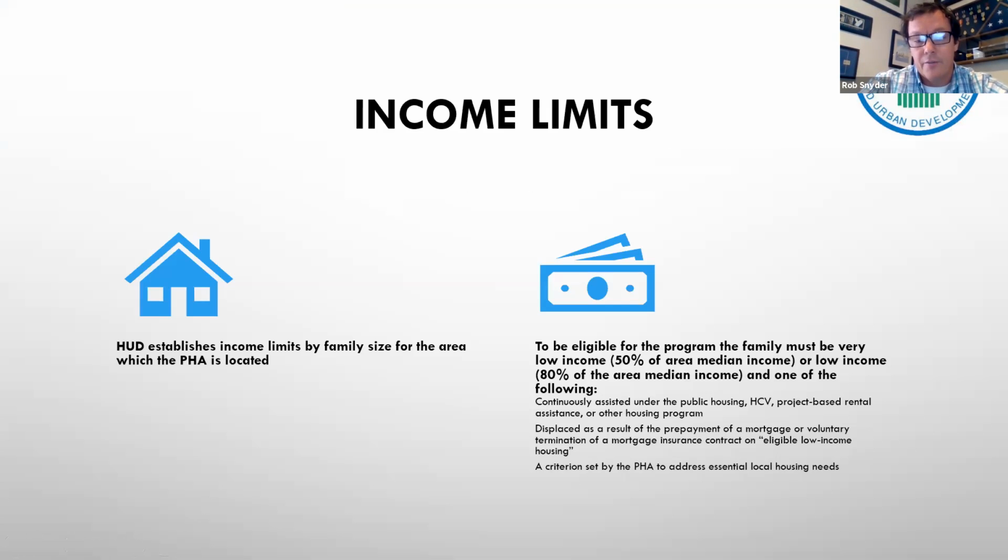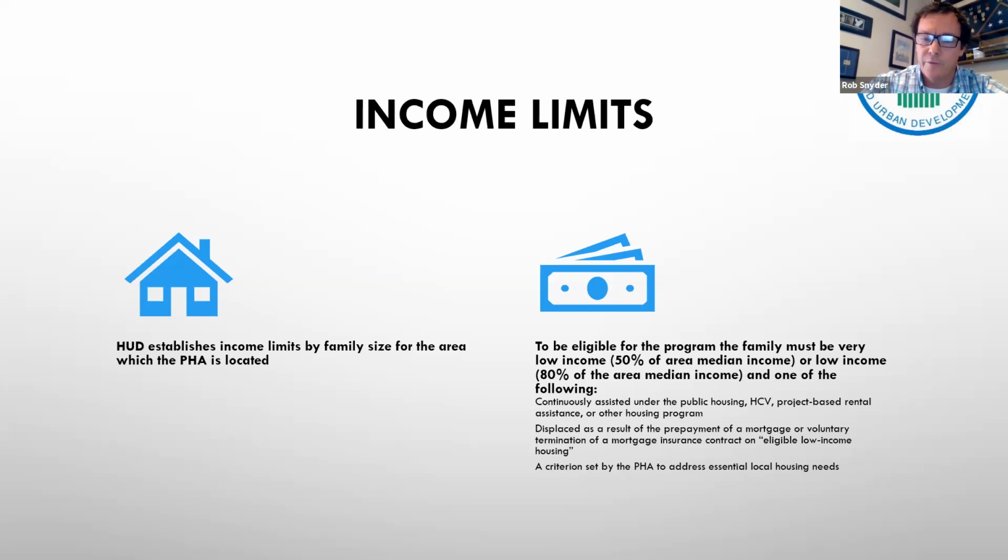So on to the next of the four criteria that housing authorities are required to take a look at before providing assistance, which is income limits. HUD establishes income limits by family size based on the geographic location of where the housing authority is located, right? Because cost of living varies, sometimes greatly, throughout different geographic areas.